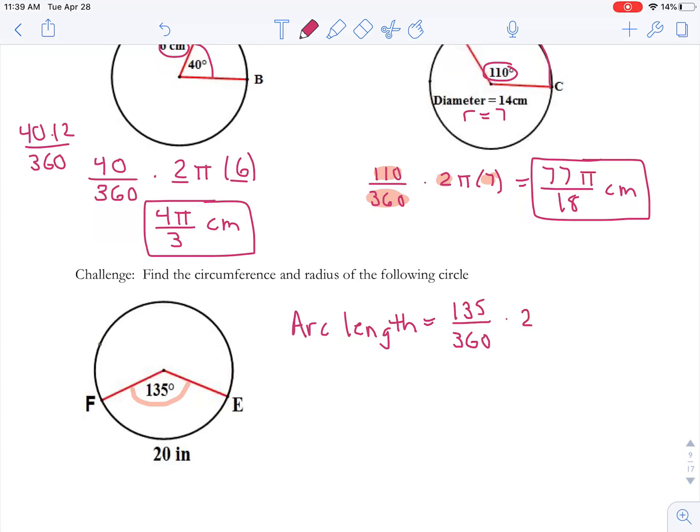So in this case, 135 over 360 times 2 pi r. But if I look at this problem, I don't know what r is. But what I do know is that this right here is my arc length. That is the 20. So we can plug it in there. 20 equals 135 over 360 times 2 pi r.